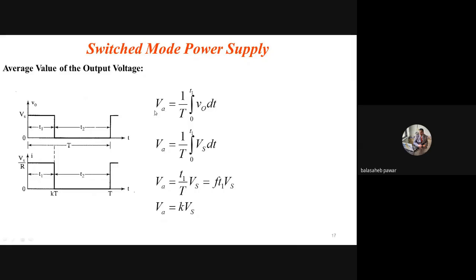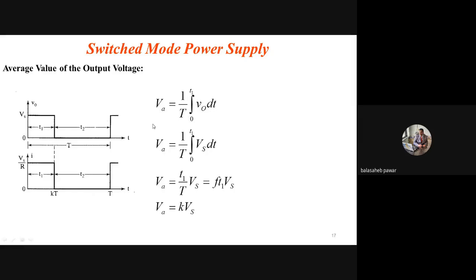The average output voltage VA of this pulsating DC can be determined by taking the integration of the available pulse amplitude, right? As the period is capital T, the average value VA equals 1 upon that period, that is capital T, integration 0 to T1 of VO dt, right?